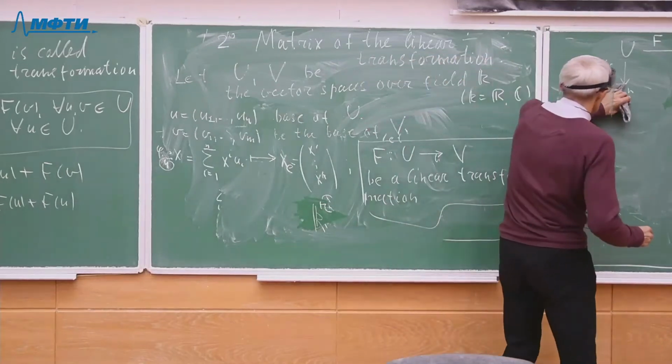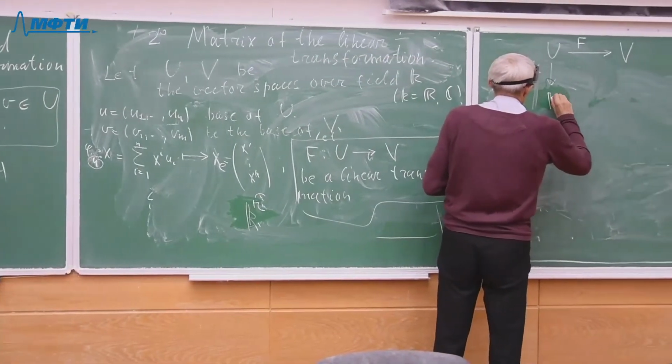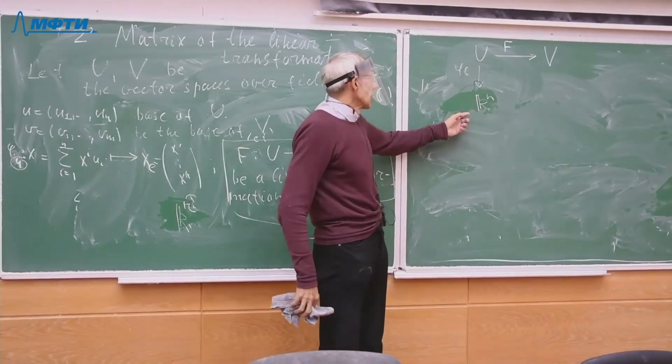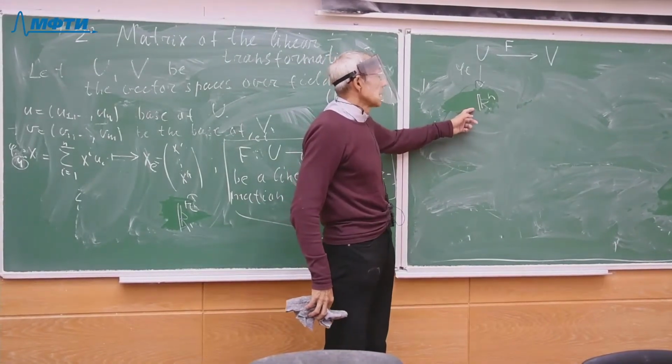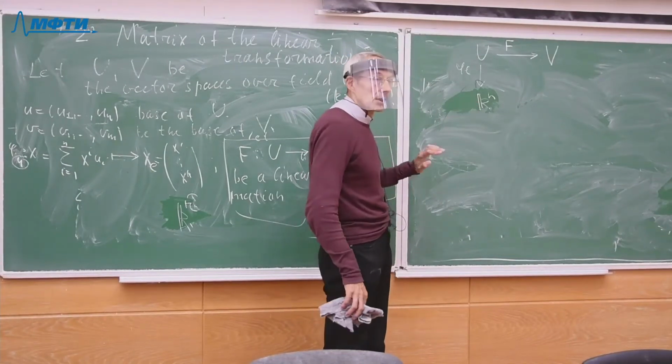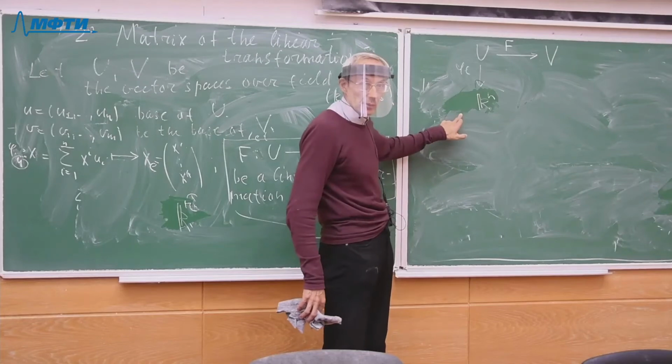I'm sorry, K^n. K can be a real number field or complex number field. I try to use both situations, real and complex.